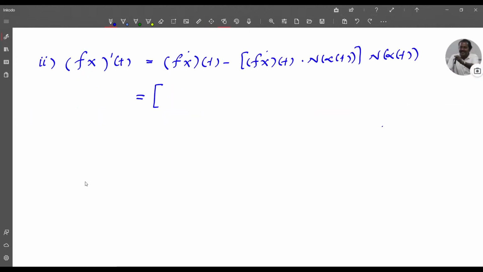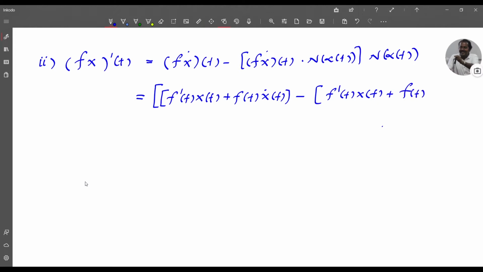So this is equal to f prime of t into x of t plus f of t into x dot of t. Applying the product rule, minus, again applying the product rule here, you will get f prime of t into x of t plus f of t into x dot of t, dot n of alpha of t, into n of alpha of t.